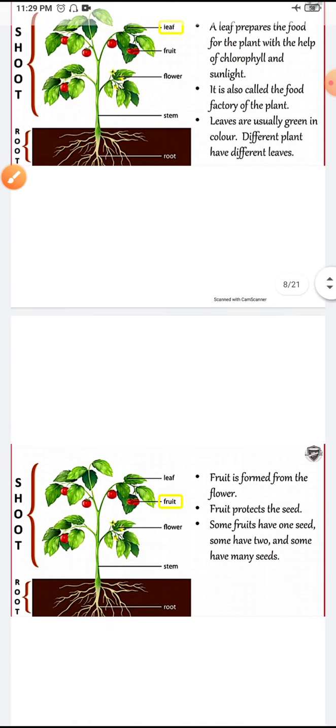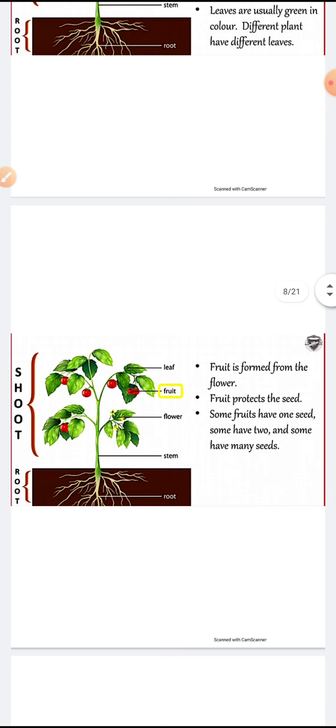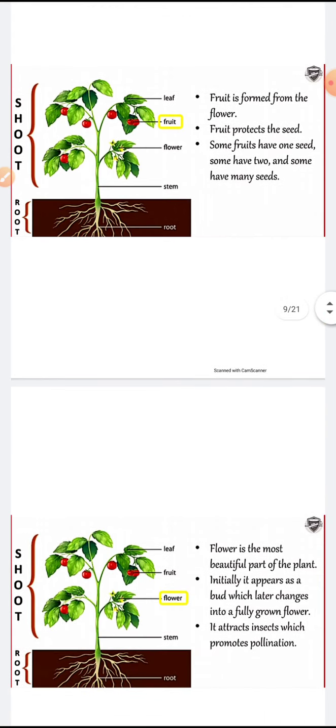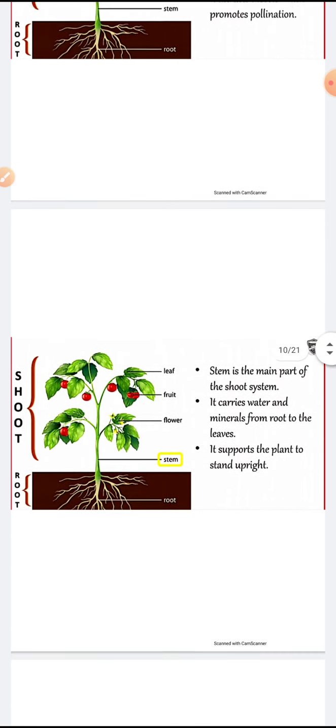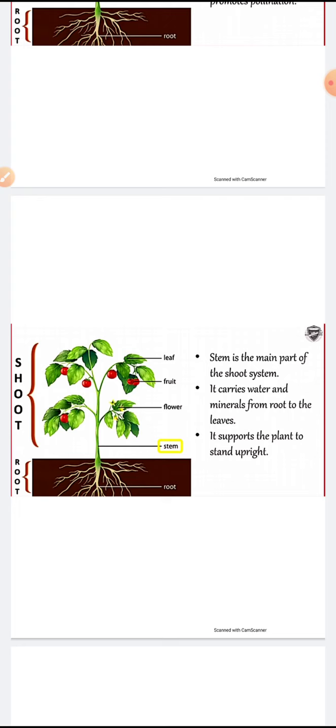Now we have studied the function of the fruit, then the function of the flower, then the function of the stem, which is the main part of the shoot system.